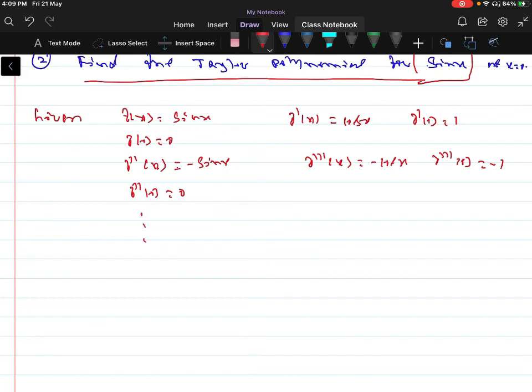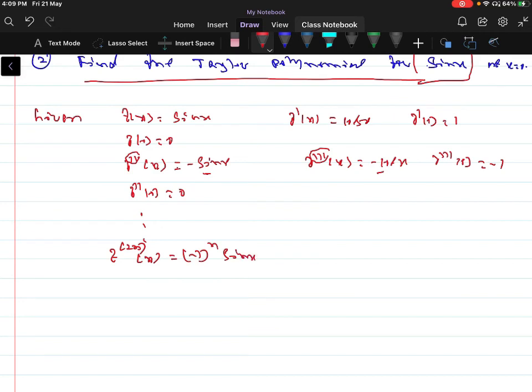You can observe that the even derivatives have sin x, and the odd derivatives have cos x here. If you differentiate 2n times, the 2nth derivative of f is equal to minus 1 to the power of n into sin x.